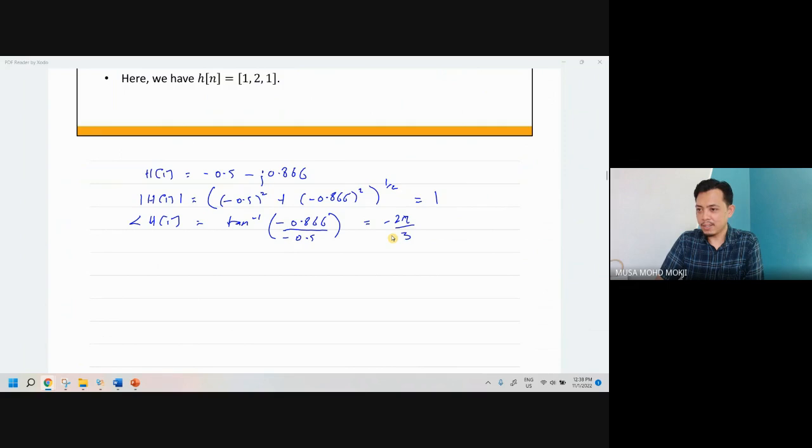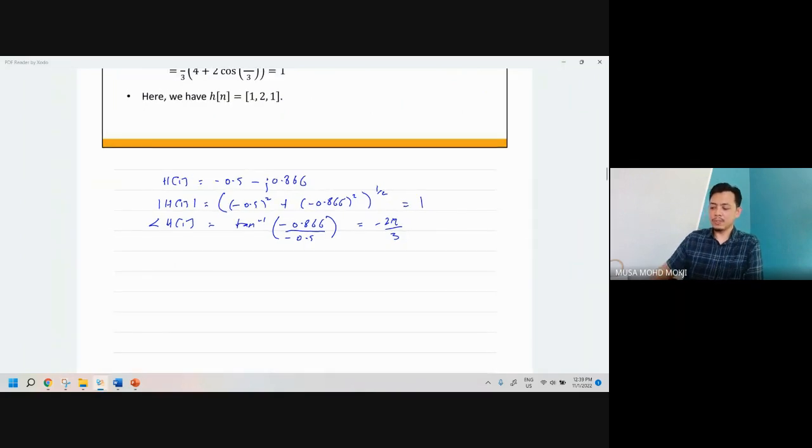Someone gets minus 60, 59 degrees. So I convert that into radian. Can you get minus 2 pi over 3? Who can get minus 2 pi over 3? Are you having problems getting this one?